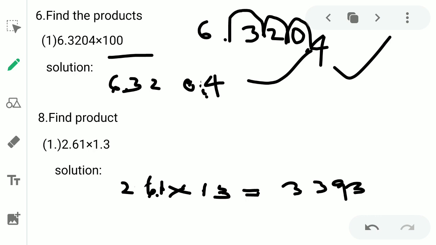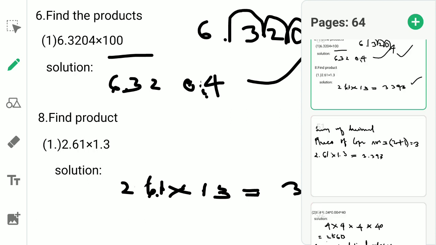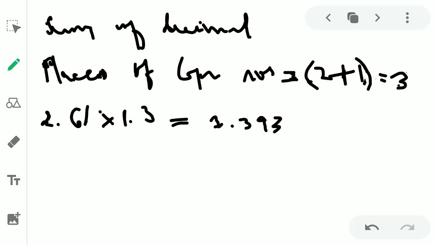Next, find the product, 2.61 into 1.3. When you multiply, you will get the answer as 3393. First, you have to keep in mind the decimal places of the given numbers.